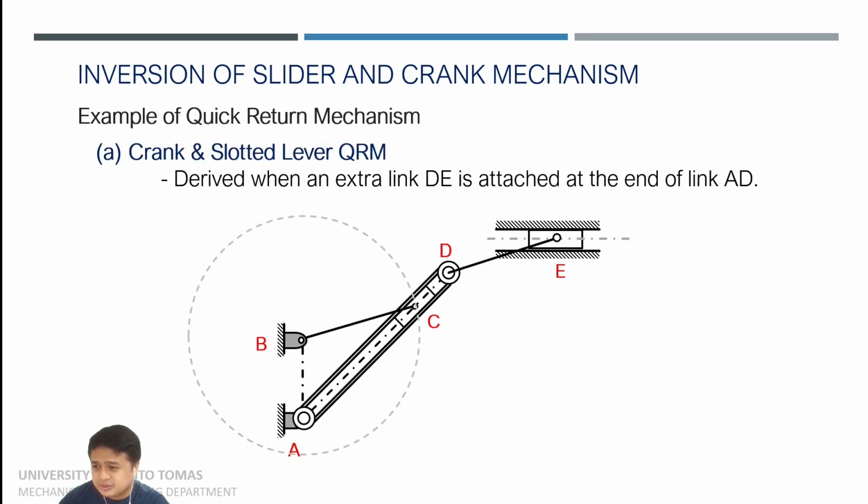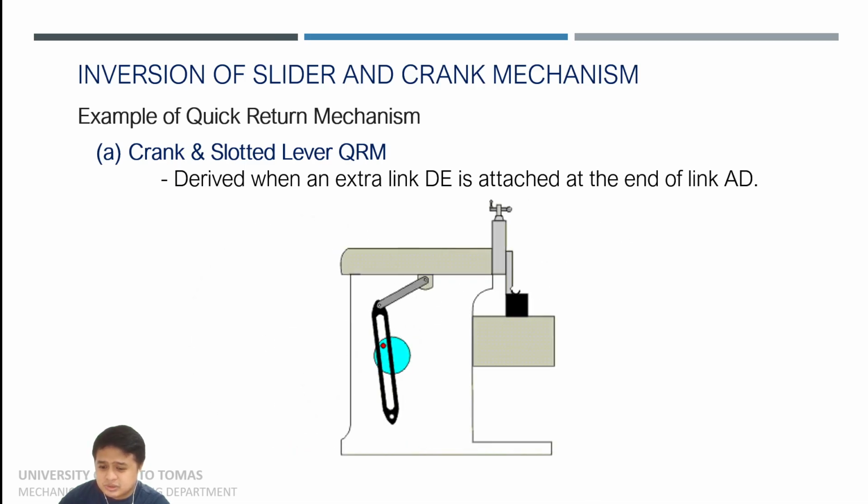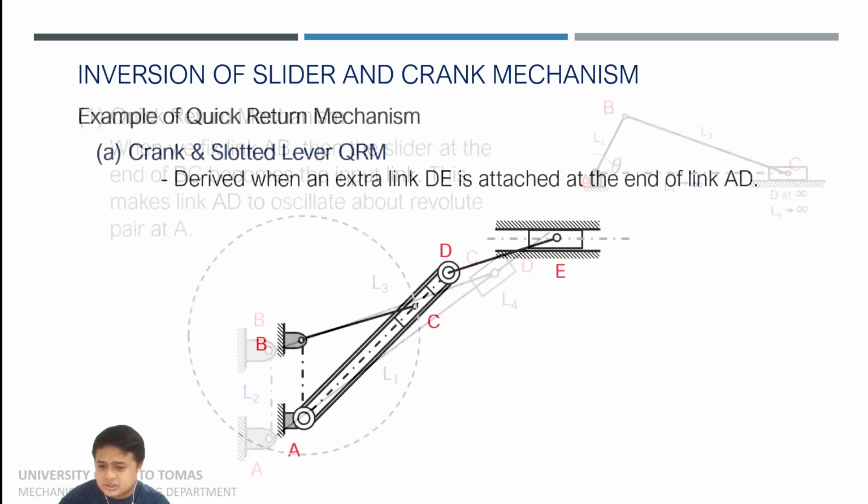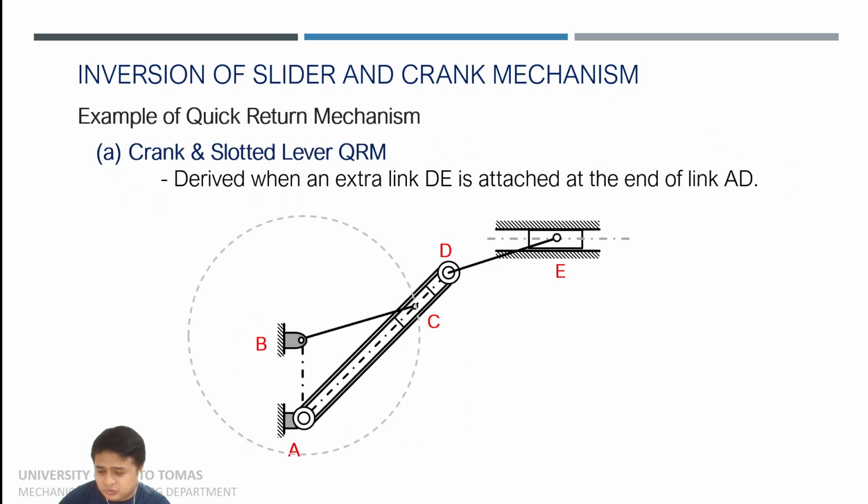For this example of the quick return mechanism, we have the crank and slotted lever. We just added another extra link at the end of AD, which is this E. As you can see, if we fully rotate this crank BC, the slider E will reciprocate from left to right.